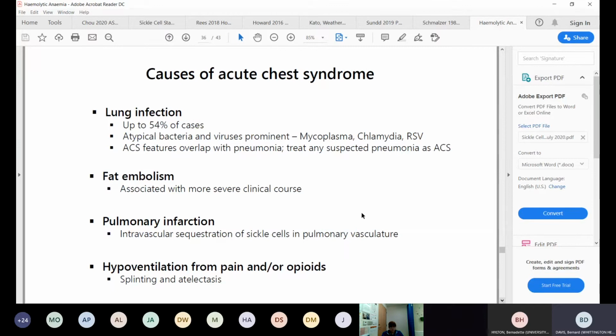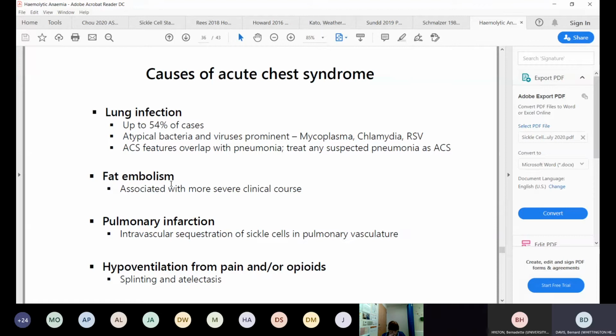Okay, these are some of the causes of the acute chest syndrome. So lung infection in about half the cases. There was a time when we would try to distinguish acute chest syndrome from pneumonia. We don't do that any longer because it's impossible to distinguish whether you're dealing with a pneumonia or with a chest syndrome. And therefore, we treat all suspected cases of pneumonia in sickle patients as acute chest syndrome.